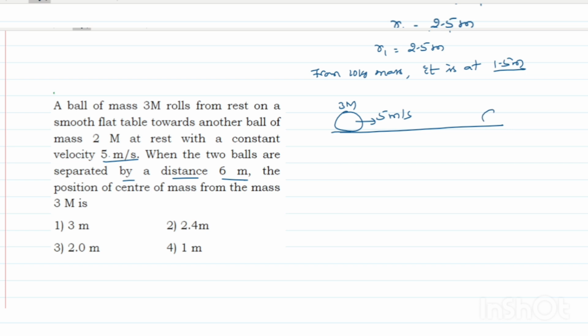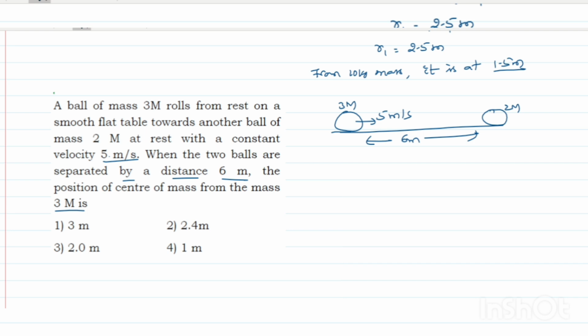And the second ball is given as 2m, which is at rest. When the two balls are separated by a distance of 6 meters, they are asking the position of the center of mass from the mass 3m. They have given the velocity just to confuse us, students, since one is at rest and one is moving.